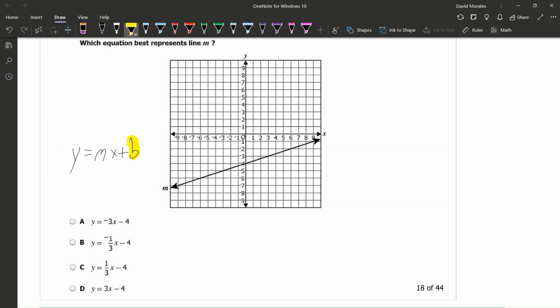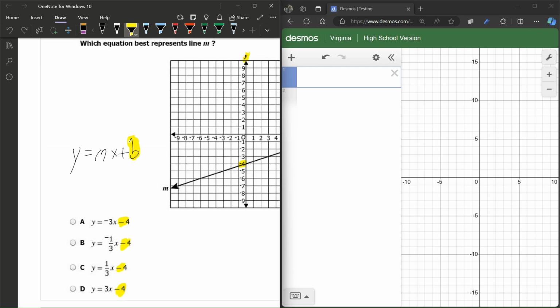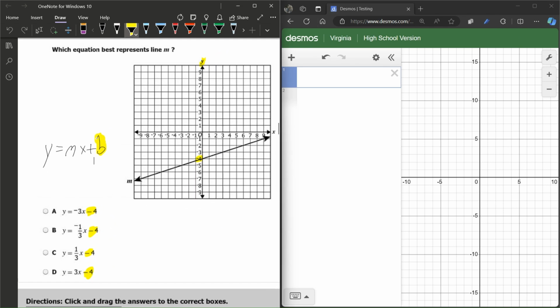So my line here crosses the y-axis at -4. In this question, all of my y-intercepts are -4, so I can't eliminate any answers at this point. So let's start paying attention to the slope.